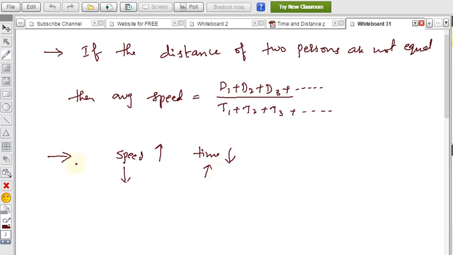That's why, if the speeds of two persons are in the ratio x is to y, then their times are in the ratio y is to x. This is also another point. These are the important formulas from time, distance, speed.